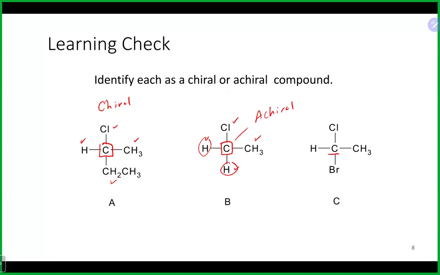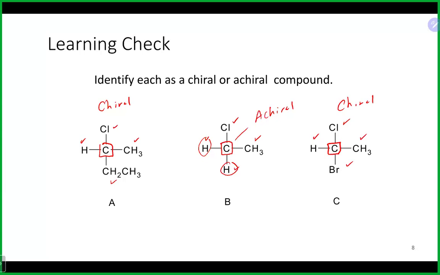Lastly, here, if we take a look at this guy, we got one group, methyl, different than the chlorine. Those two are different than the hydrogen, and all three of those, again, are different than the bromine. So this would be a chiral carbon. Any questions on how to identify those there? Okay. And like I said before, in each of these cases, there's only really one carbon in this compound.